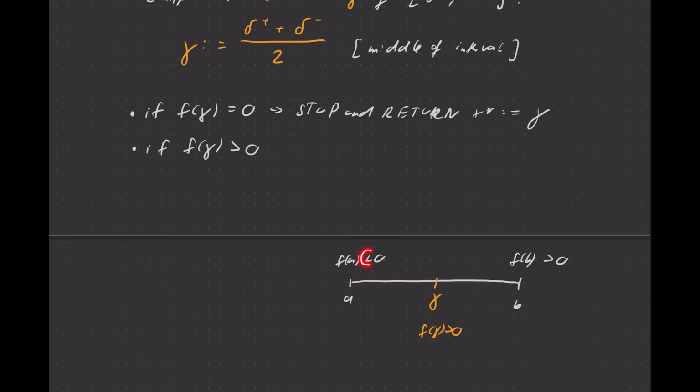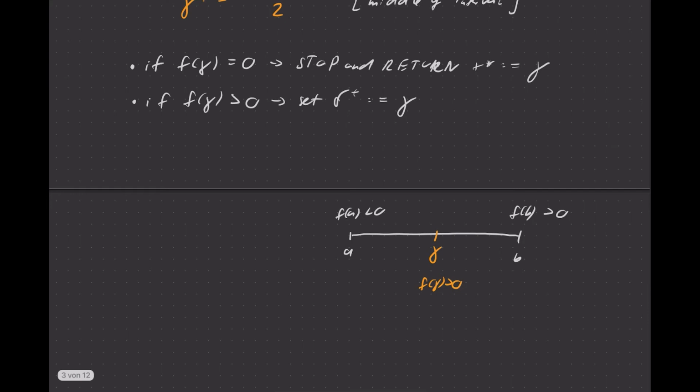It's negative here, it becomes positive here, so 0 must be crossed somewhere here. There might still be a root here, but we cannot be sure. So what we do is we cut the interval in half, and we just take this as our next interval. So if f of gamma is positive, we set the right boundary to gamma. Set delta plus to gamma.